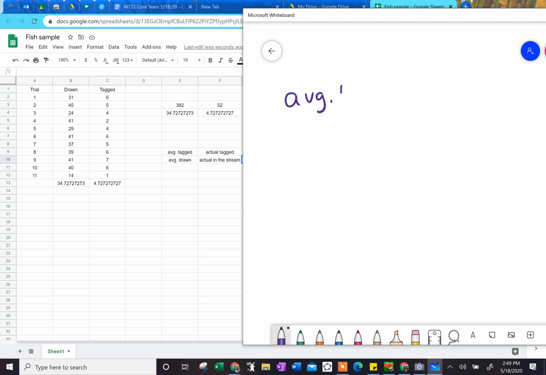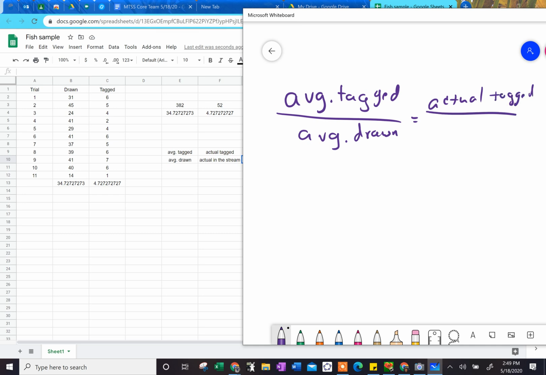The average tagged over the average drawn should be equal to the actual amount tagged over the actual amount in the stream. Now that should make sense because they should be proportional.